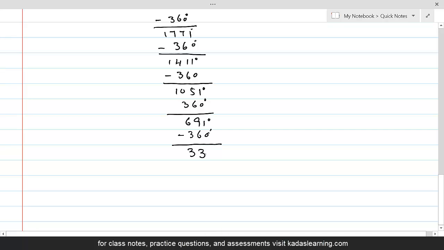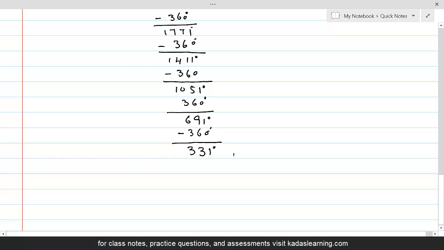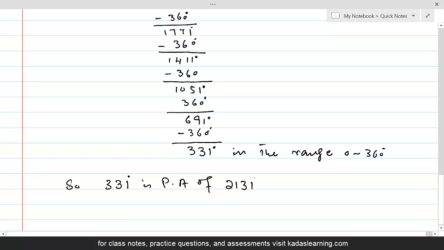331 is in the range of 0 to 360. So 331 degrees is the principal angle of 2131 degrees.